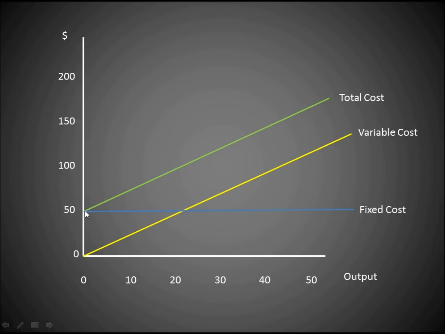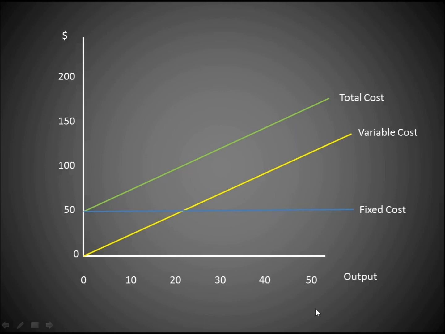Well, because if I produce 0, I have 0 variable costs, but I still have to pay my fixed costs of 50. If I decide that I want to create 20 units of output, I am going to have to pay $50 worth of fixed costs. I always have to pay $50 of fixed costs. But I will also incur $50 of variable costs. 50 plus 50 will give me $100 of total cost.